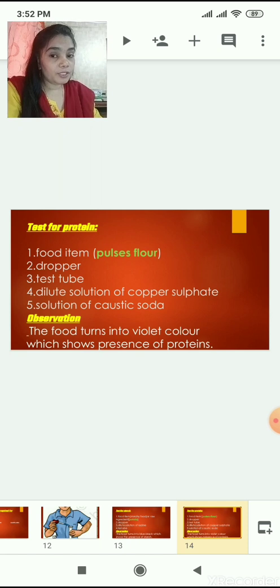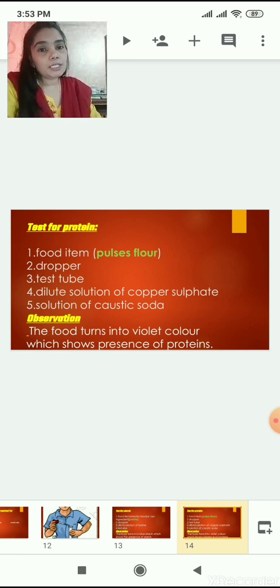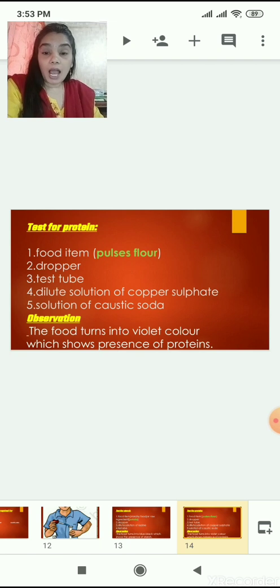If the food item changes into blue black color, it indicates carbohydrates. If the food item turns into violet color, it indicates the presence of proteins in the food item.